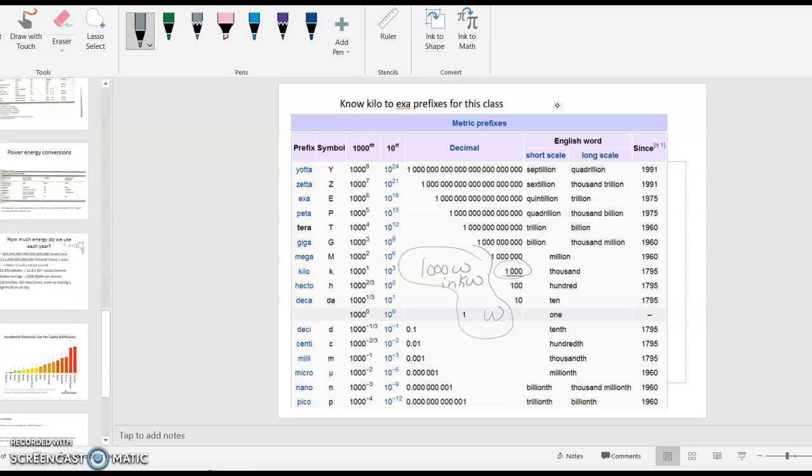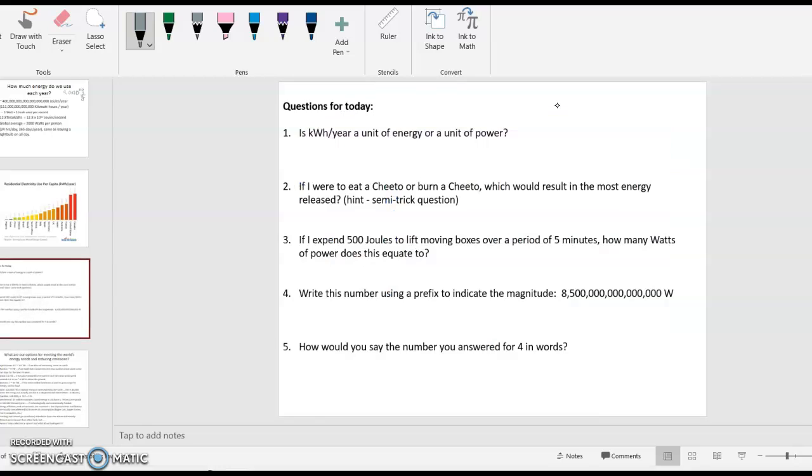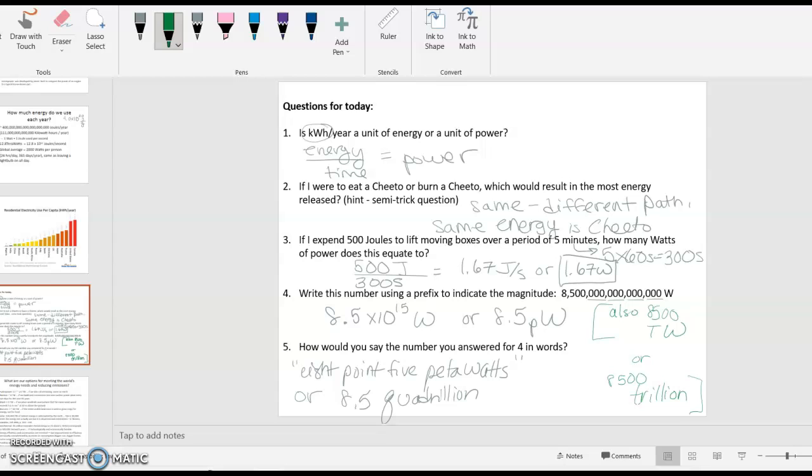All right, so going back, I just wanted to make sure that we were okay with these final numbers. Because this is an energy per time, we got that meant that it was power. For number 2, the point is everything has a certain amount of energy. It doesn't matter how you use it.